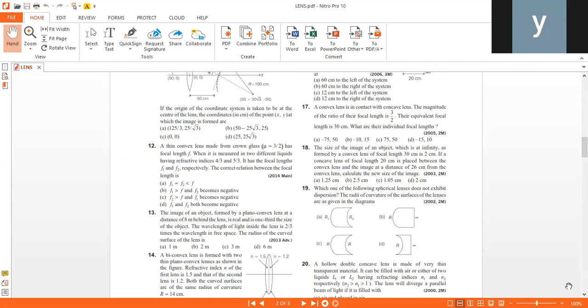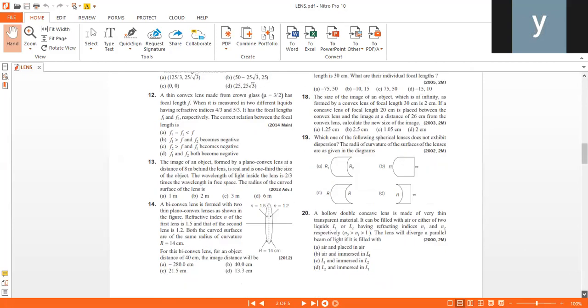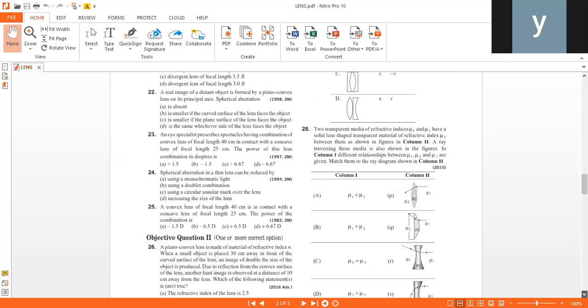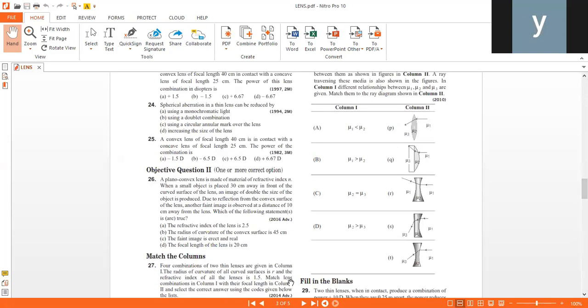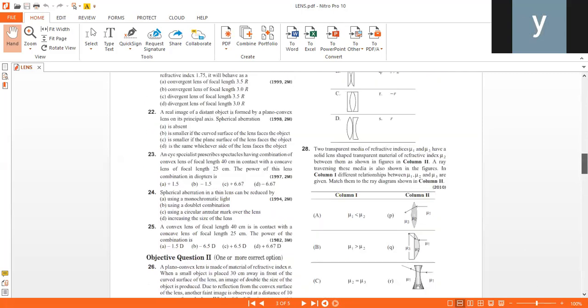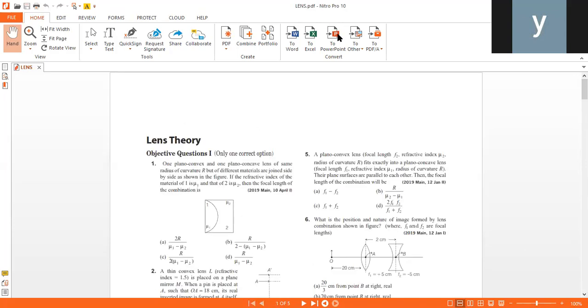No, I sent it. Astronomy. Almost 25 questions are there. Afterwards, we have more than one option and match the following. First, we will see the first question.